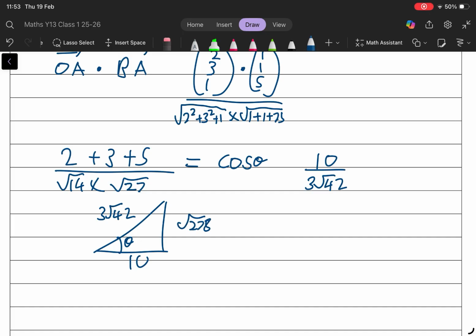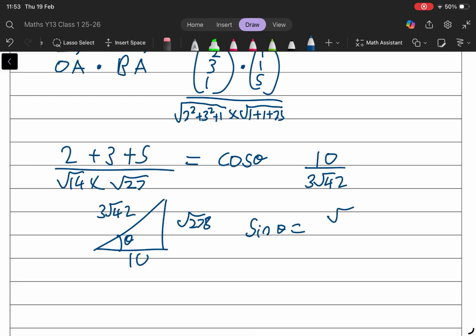Just 278 plus 100, square root. Right? Yeah, okay, so that's root 278. So that means that sine of theta is equal to the opposite over the hypotenuse. So that's root 278 over 3 root 42.